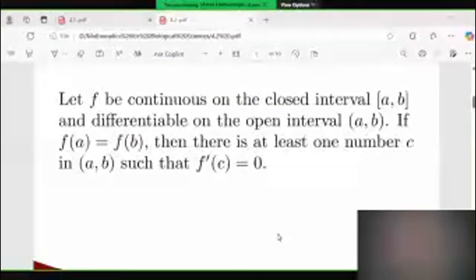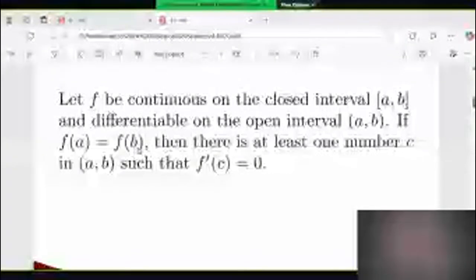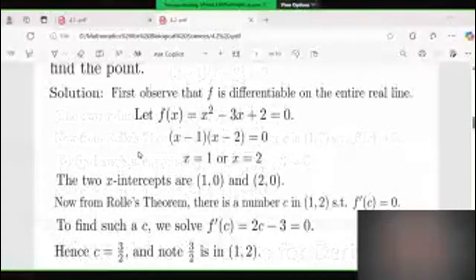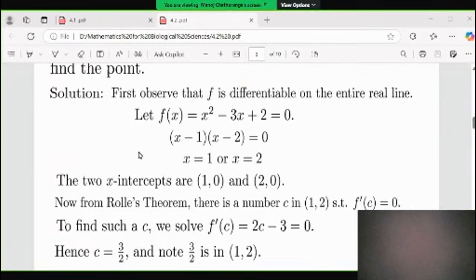Now, if I take a equals 1 and b equals 2, f of a equals f of b. So in this case, we have all the conditions given in Rolle's theorem. When x equals 1 and x equals 2, the function meets the x-axis.